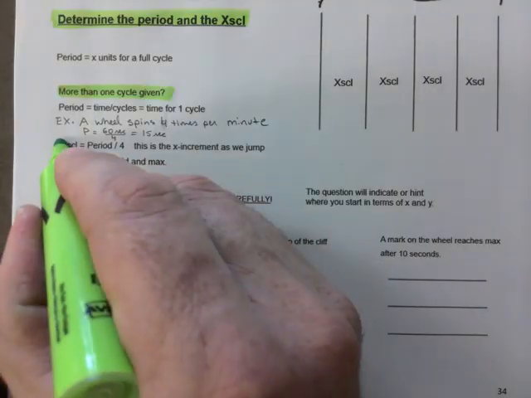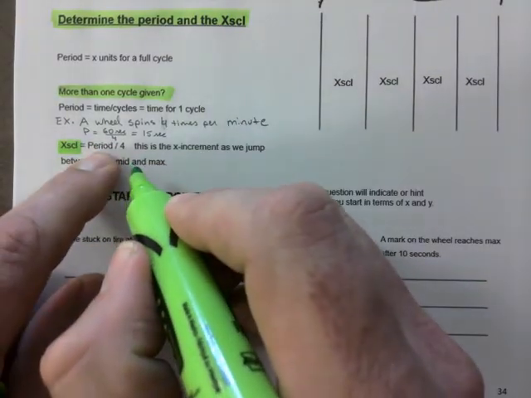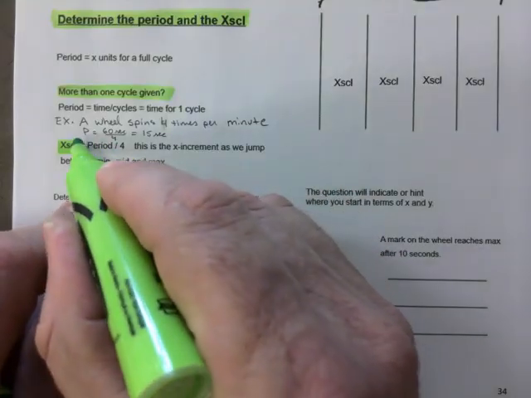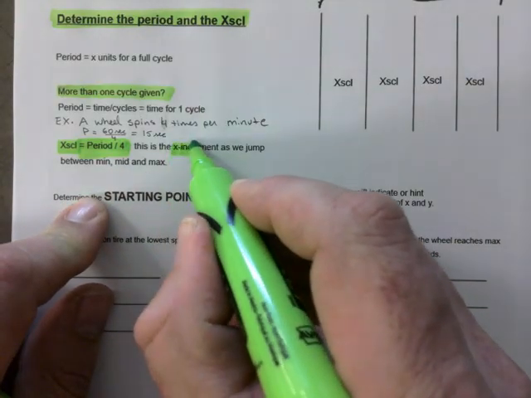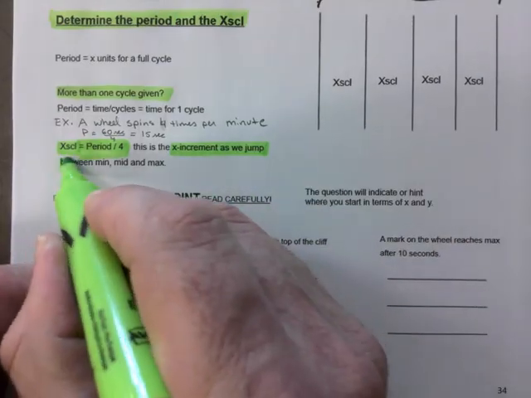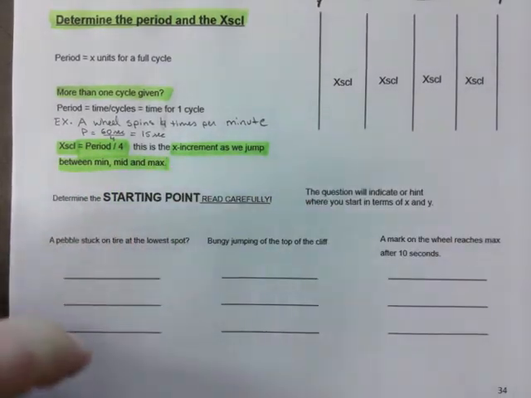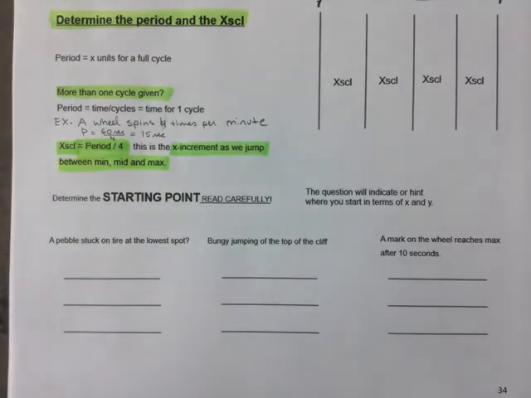All right, keep going. The x scale is your period divided by 4. Highlight that part. This is the x increment as we jump between the min, the mid, and the max.